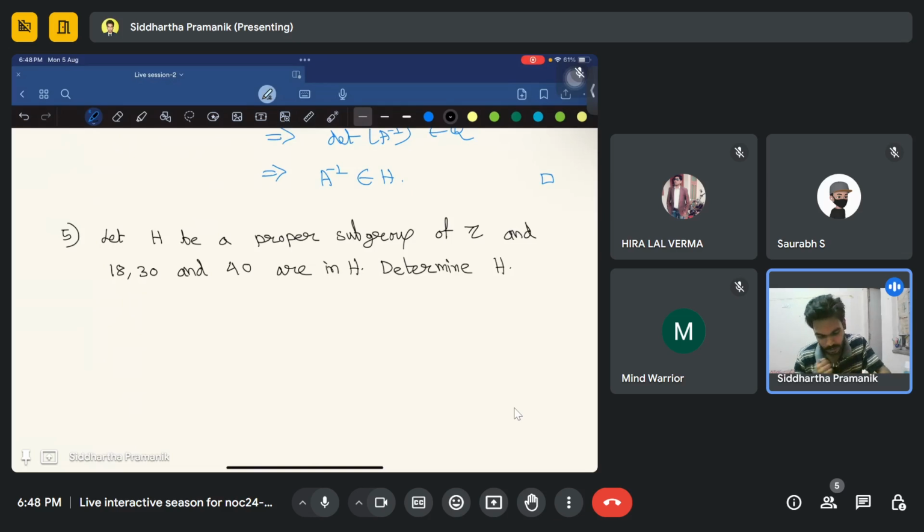As you have seen, every subgroup of Z is of this form nZ, for some n greater than or equal to 0. So H is also of the form nZ. So you need to find out this n. Just think for a minute.